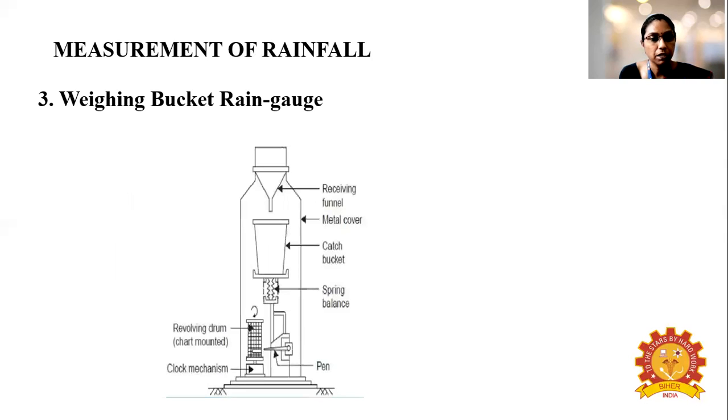Very simple arrangement. All the components are placed inside a metal cover. So this is the clear picture of the weighing bucket rain gauge.